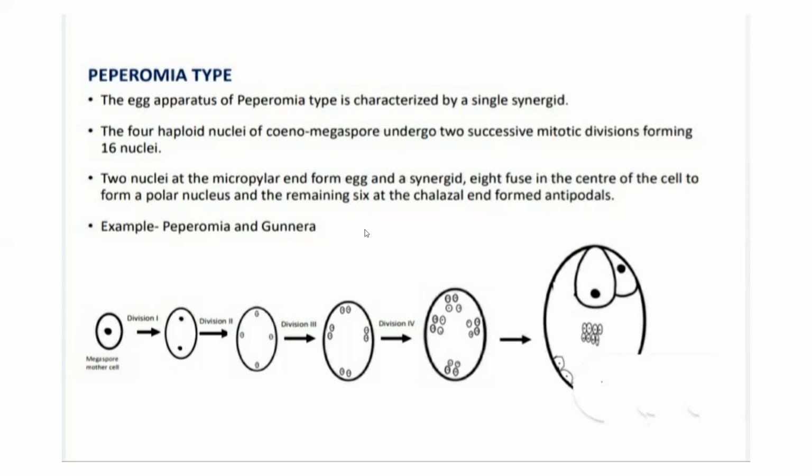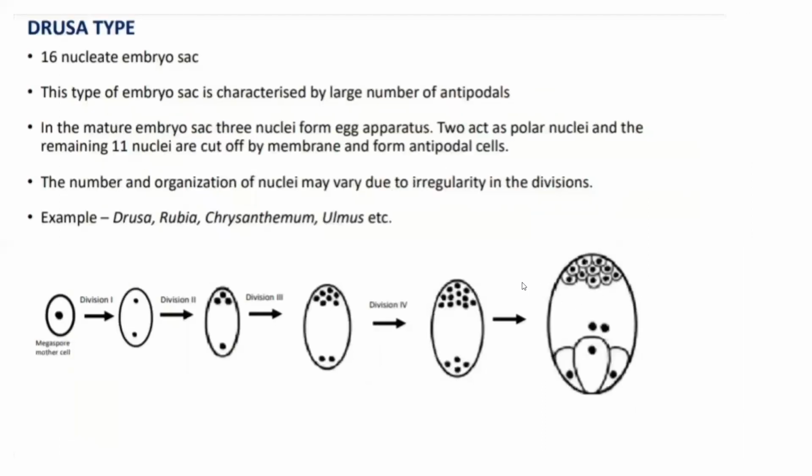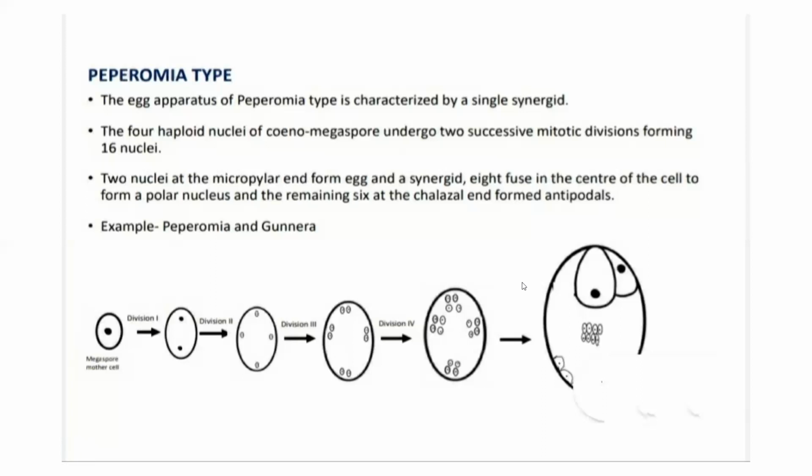These 4 nuclei undergo 2 mitotic divisions and form 16 nuclei.